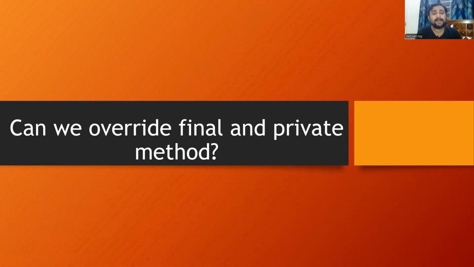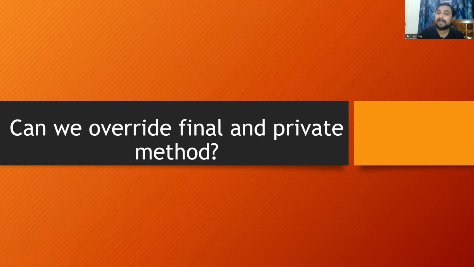Then, can you override final and private methods? Is it possible? No. Final methods you can't override, because as I just told you, you can't override a method if that particular method is final. It is not accessible, so it can't be subclassed. We can't use that method in our subclass, so that's why we can't override a final method.